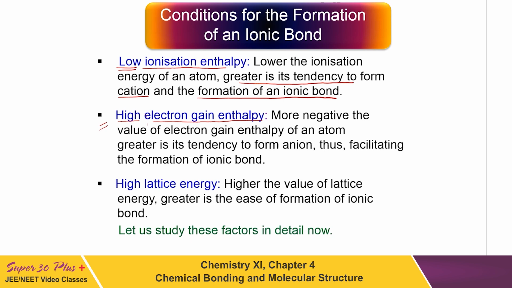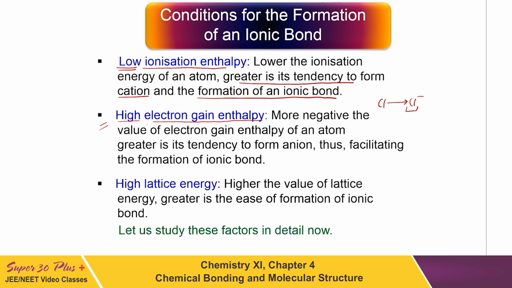So when you try to add an electron to an electronegative species, say for example Cl, if you want to form the ionic bond, you need to convert this Cl into Cl minus. In order to convert Cl into Cl minus, you need to add an extra electron. When you try to add an electron to chlorine, there will be involvement of the electron gain enthalpy, and as we know, chlorine is a highly electronegative element and its electron gain enthalpy is not only higher, it is the highest in the entire periodic table.